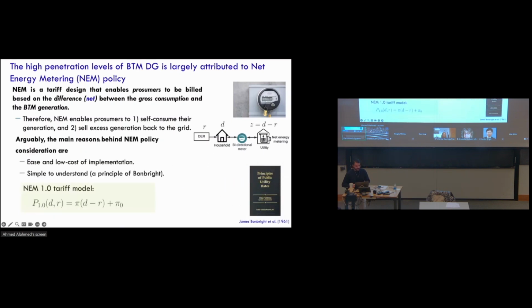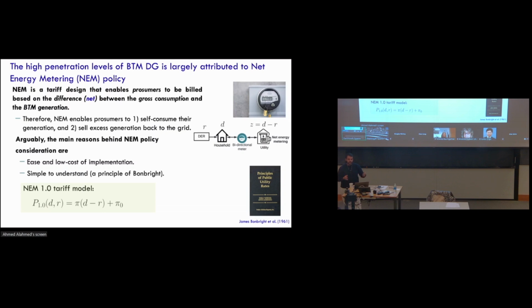The main reason behind the widespread adoption of net metering is that it is very easy to implement from the utility perspective. You can just use the existing equipment to charge customers based on net metering, so it is a very low cost and easy implementation. And from a customer perspective, it is very easy to understand.